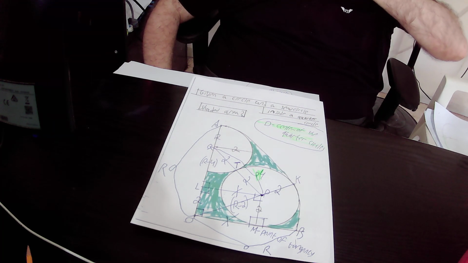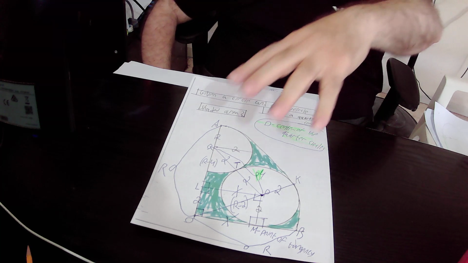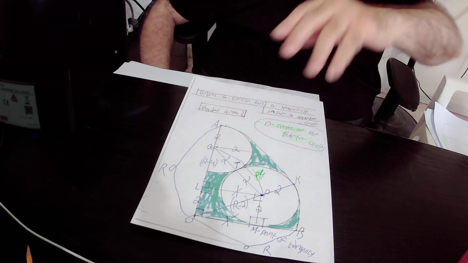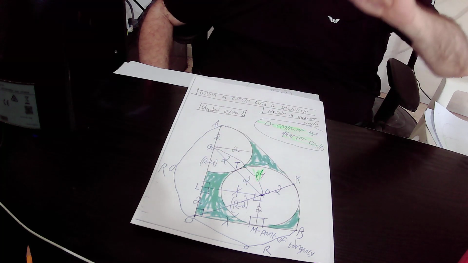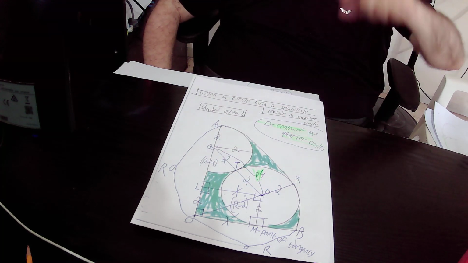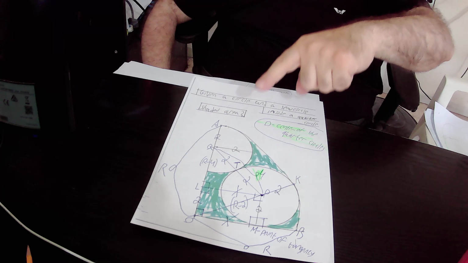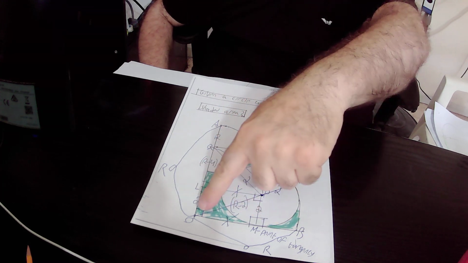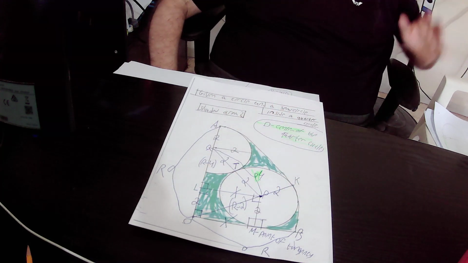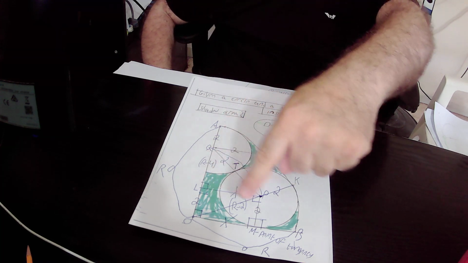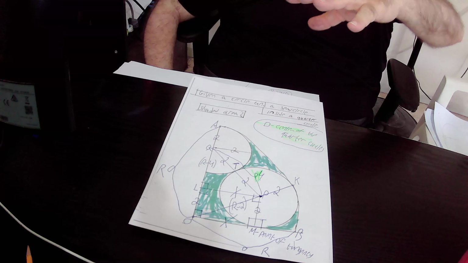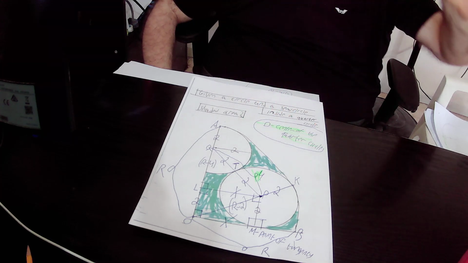Okay? So, first of all, because this is a quarter circle, this point must be the center of the quarter circle. Here, point O is the center of the quarter circle. Angle LOM must be equal to 90 degrees. And side AO and side OB are both the radii of the quarter circle.